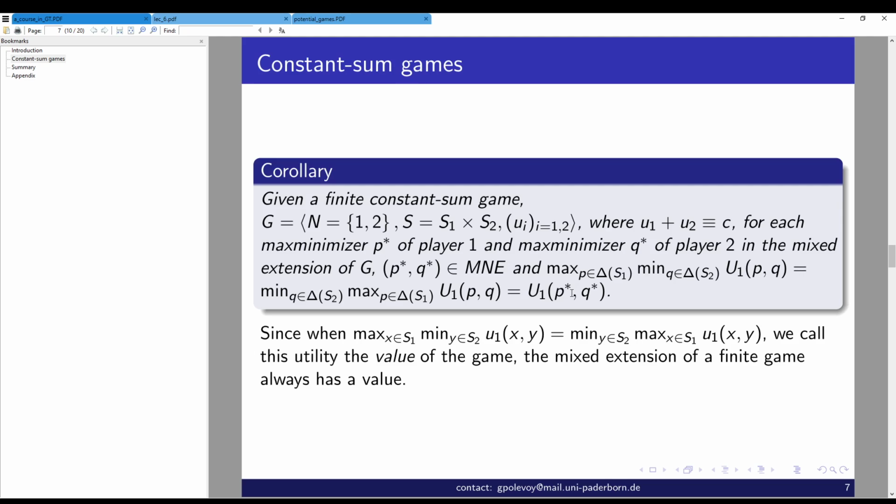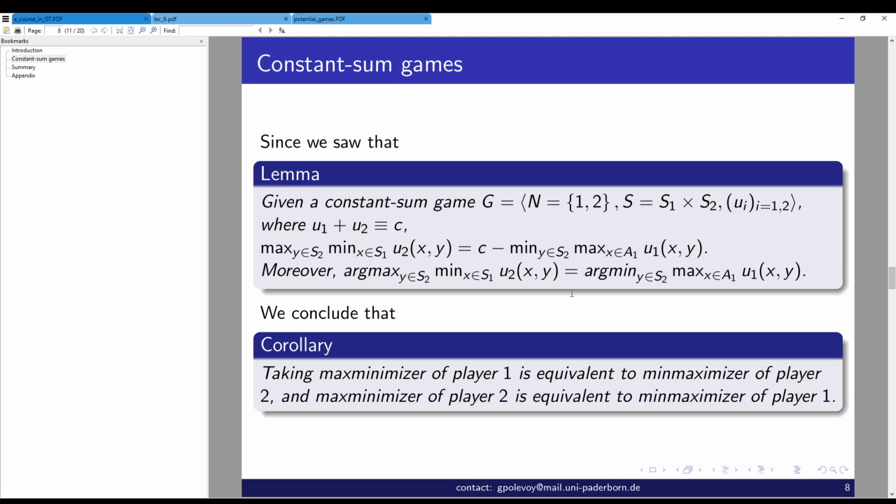And before we go to look at examples, let us look at the last statement, and that's the following. We saw in the lesson about zero-sum games, or in constant sum games in general, that given a constant sum game G, the maximum of the minimum of player 2 is C minus the minimum of the maximum of player 1. So max min of one is min max of the other one.